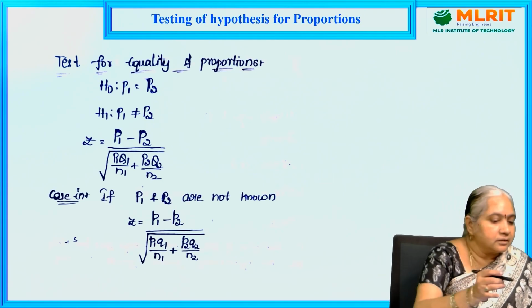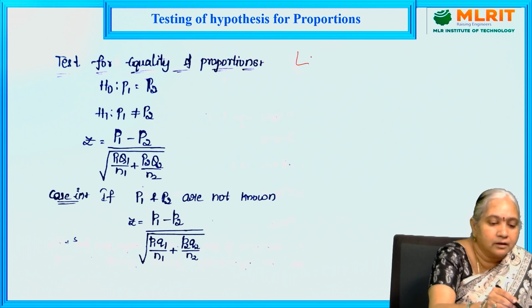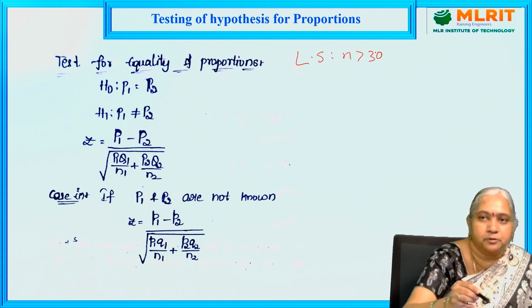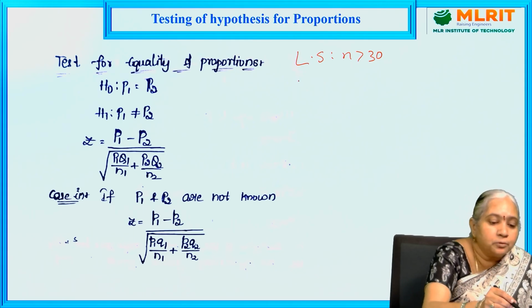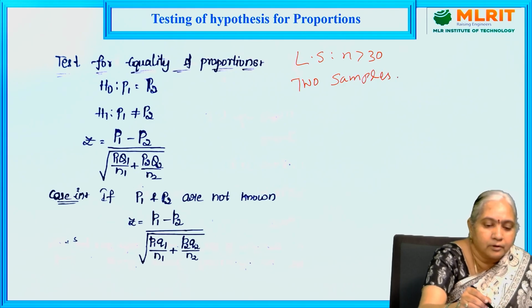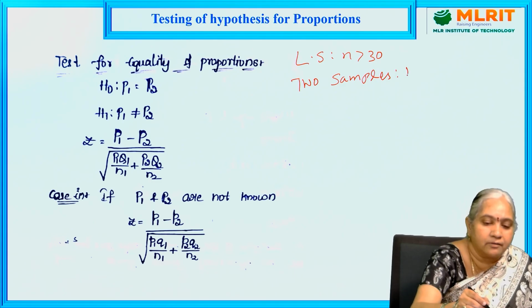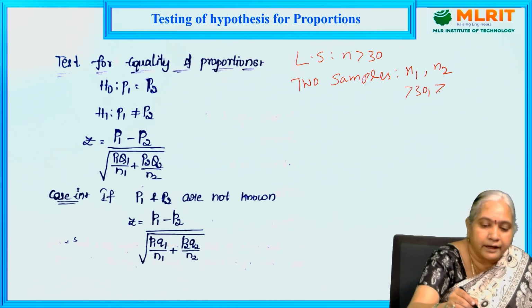Again in large samples, the sample size must be greater than 30. Let the sample sizes of the two samples be n1 and n2, with n1 greater than 30 and n2 also greater than 30.